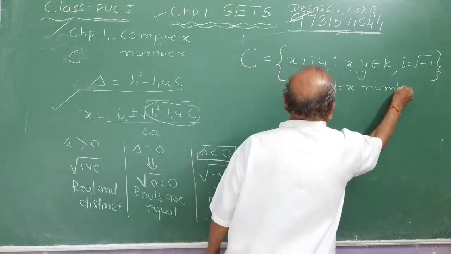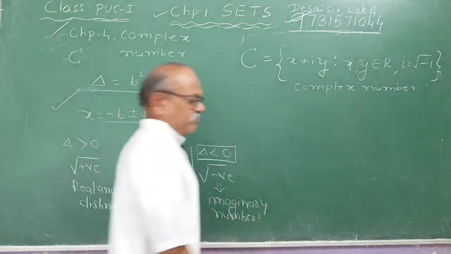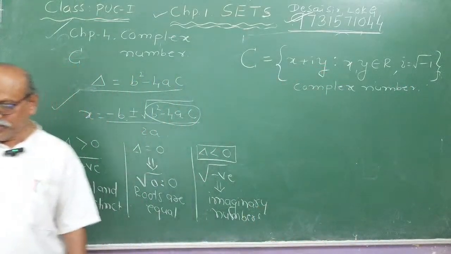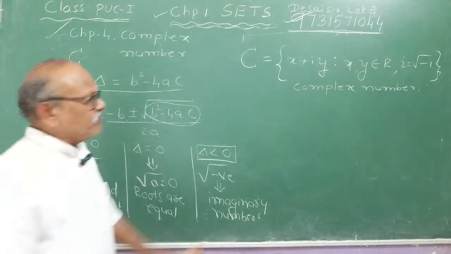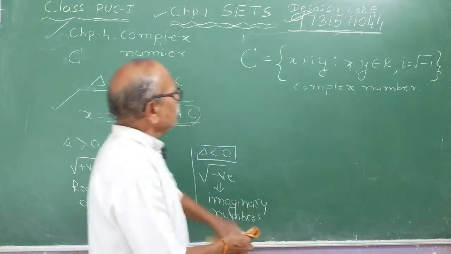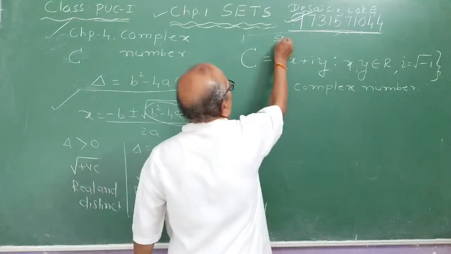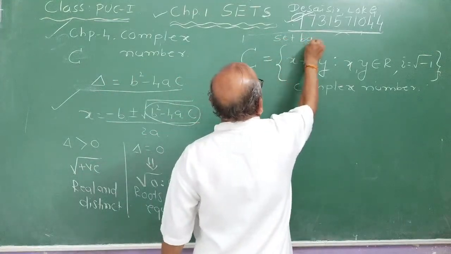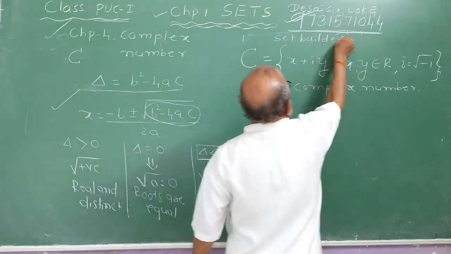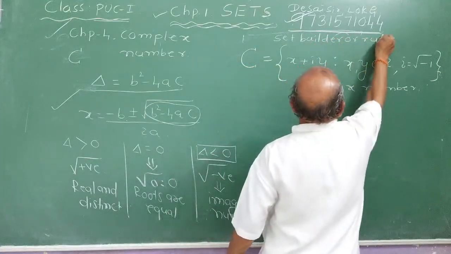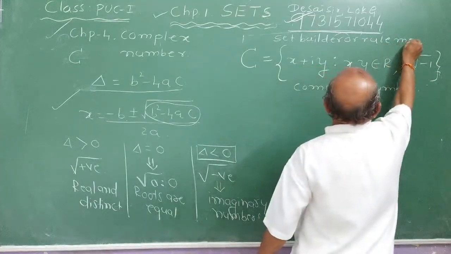In chapter 4, we are studying the same thing. Set theory is a very useful, fundamental thing, and this method of representation is called the set builder or rule method.